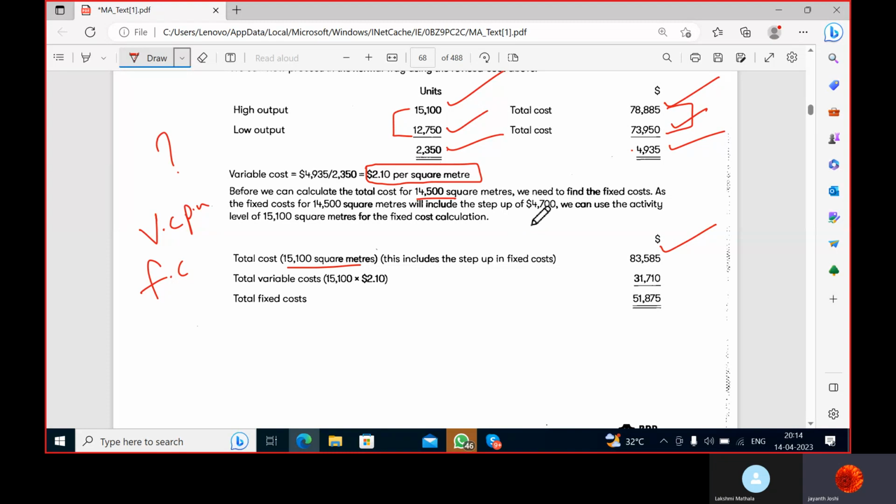And that has the step up in fixed cost as well, correct? That includes it. What is the variable cost for 15,100 units? We will take variable cost per unit and multiply. We'll get this. And the difference is what, Hansika? 51,870. Fixed cost. Yes, sir. Go through this, then we'll do the final answer.